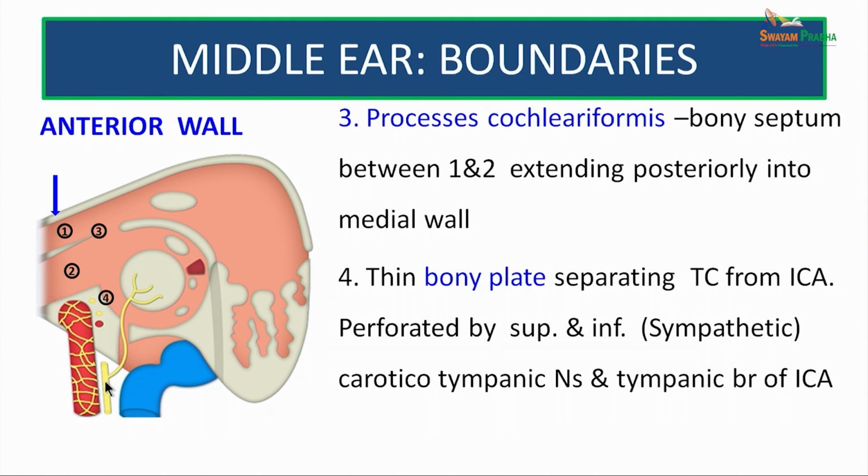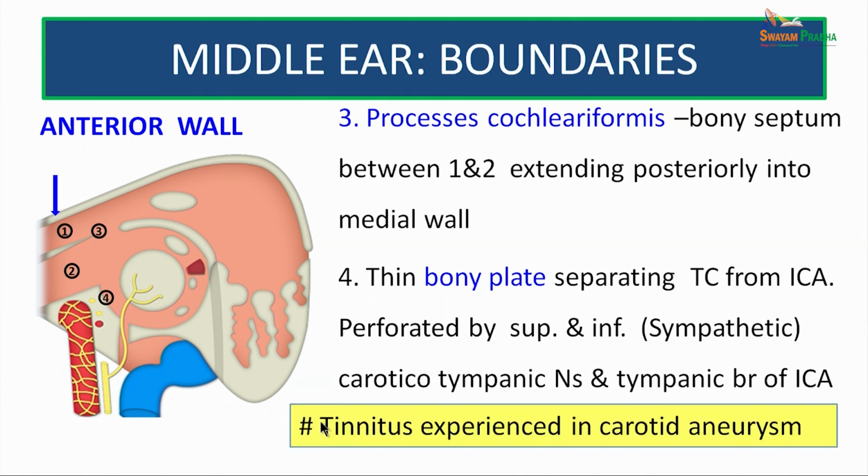The internal carotid artery has a plexus of nerves over it, part of which forms the caroticotympanic nerves and enters the middle ear cavity. Sometimes if there is an aneurysm of the internal carotid artery, tinnitus is experienced by the patient. Tinnitus, in other words, is ringing in the ears.